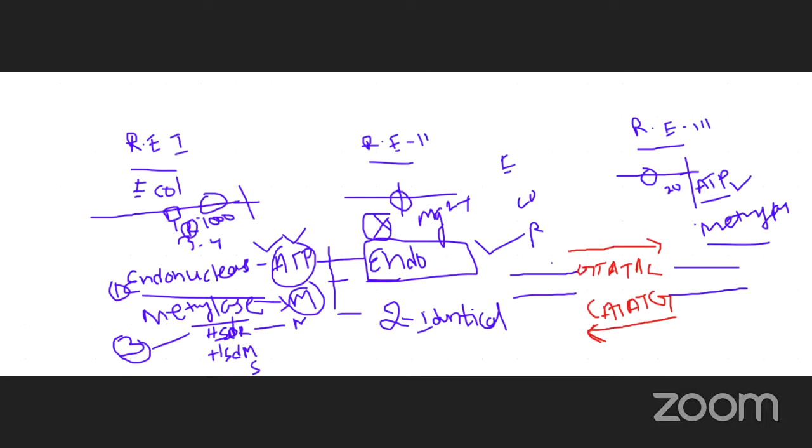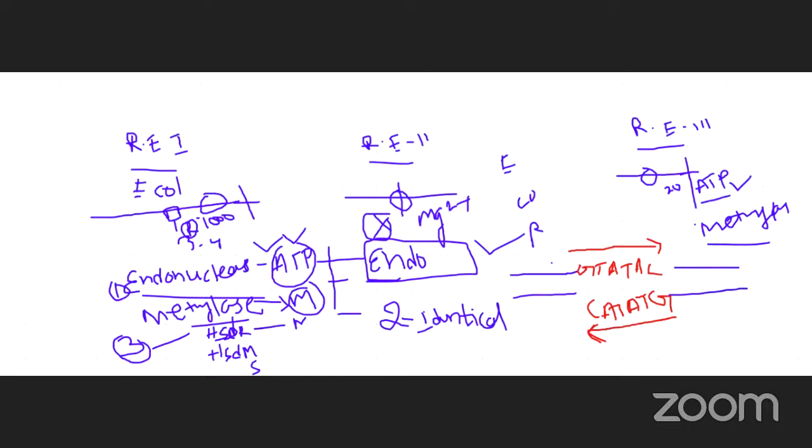Now, how are sticky ends and blunt ends formed? Let's see. The enzymes form sticky ends and blunt ends. Sticky ends form with the help of isoschizomers. Restriction enzymes are of two types, isoschizomers and neoschizomers. An isoschizomer restriction enzyme cuts the recognition site at the same specific nucleotide.